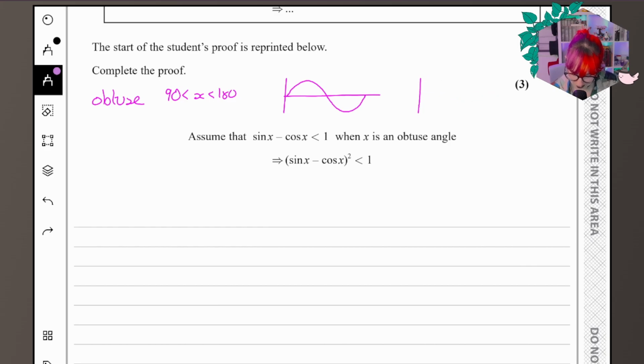My sine was so nice and then my cos was just really awful. There we go. Close enough.